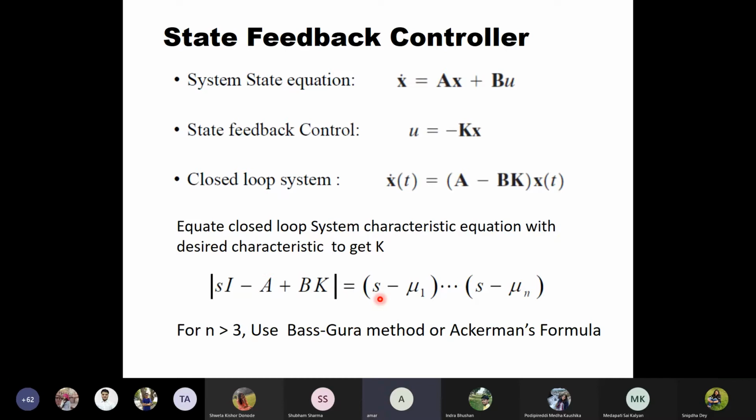So I can find out K directly by equating these equations.